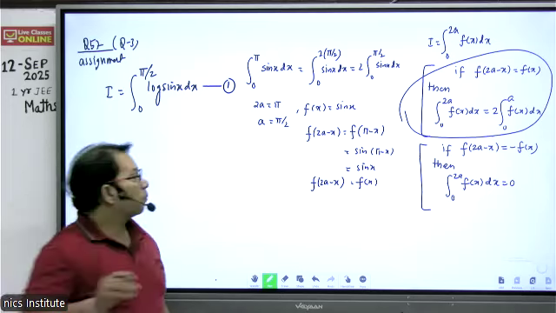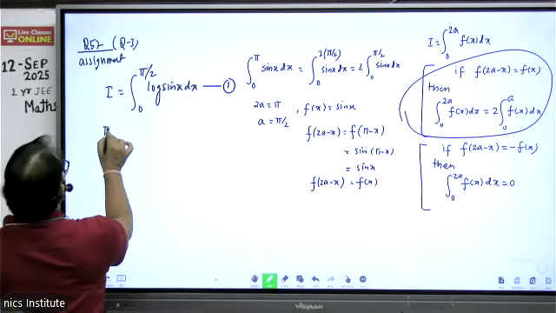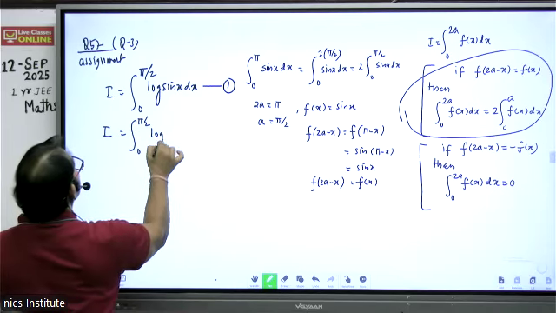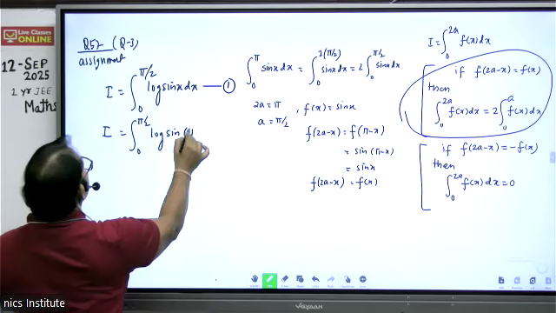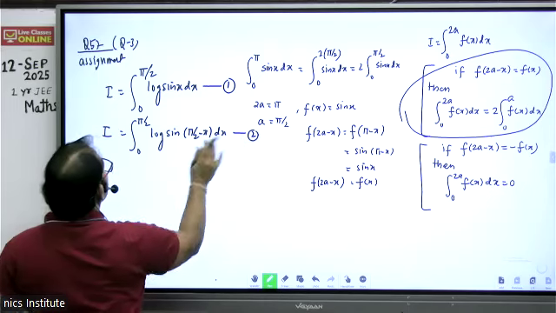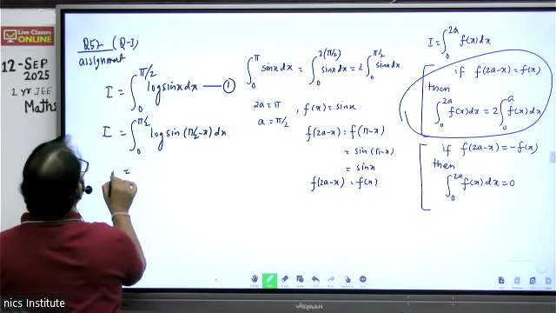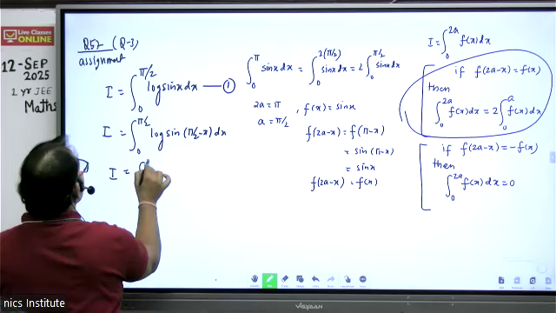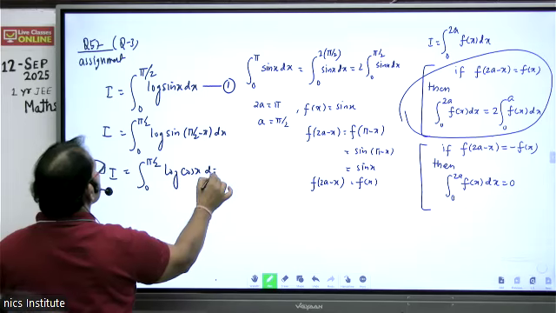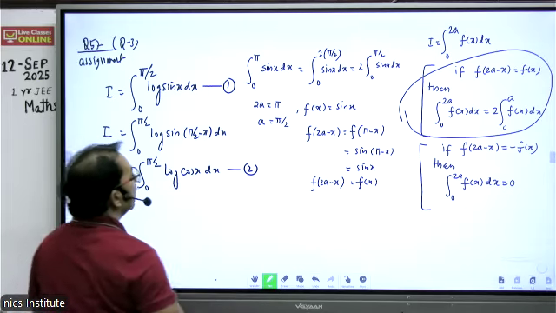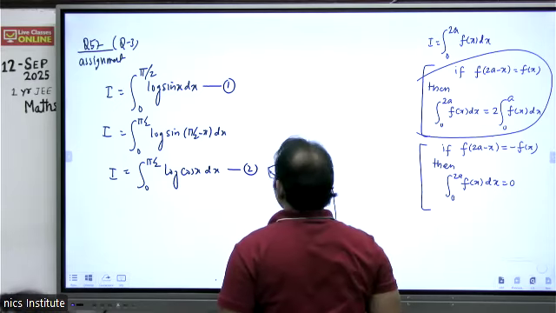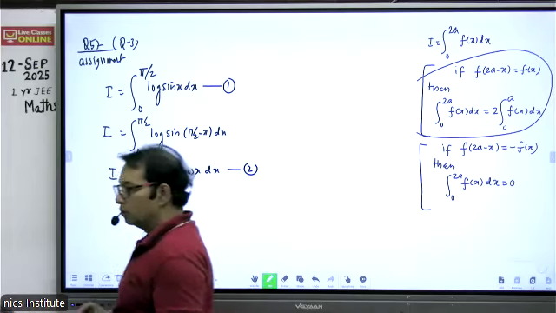So after this property 0 to a, it would be 0 to pi by 2 log sin pi by 2 minus x, or it will be 0 to pi by 2 log sin 90 minus theta is cos theta. So we have applied one property which is 0 to a, and after that you can add 1 and 2.